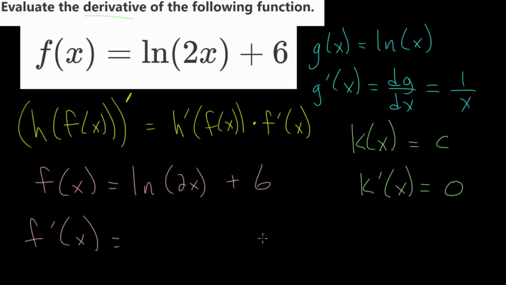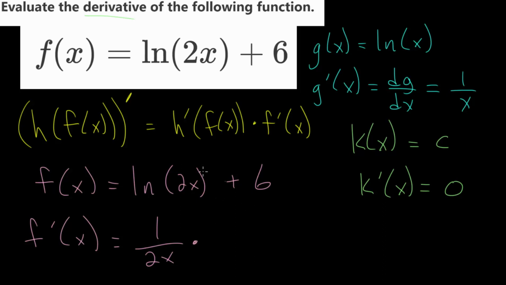Now, we know this is a composite function, so when taking its derivative, we take the derivative of the outer function, which is the natural log, and that is 1 divided by x in this case. But now, since we have 2x, that 2x will just go on the bottom. So we get 1 over 2x here. Again, that's the derivative of the outer function, this natural log function.